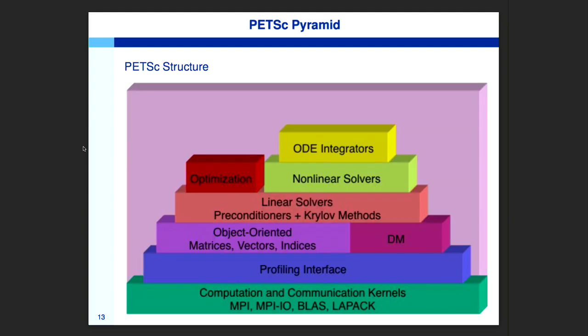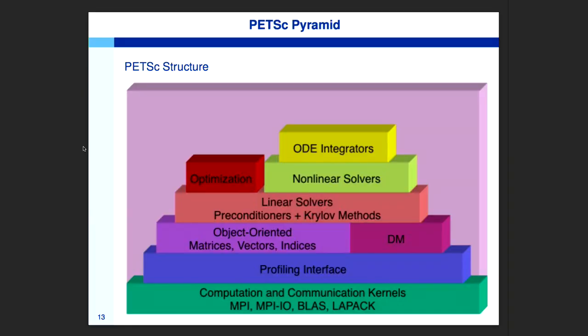This diagram shows the structure of the PETSc library overall. It's organized in a way that is consistent with how many algebraic solvers are organized. That is, we build on top of computation and communication kernels at the lowest level. I know you've already heard lots of great information about MPI and other communication facilities.